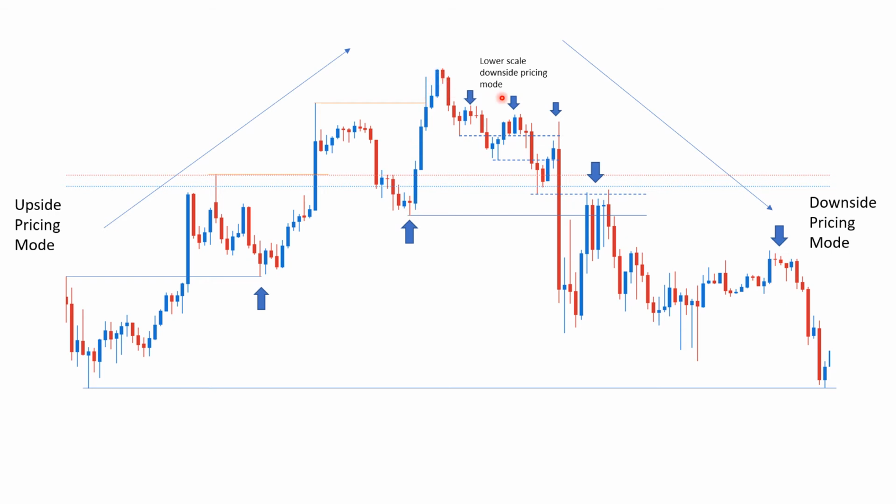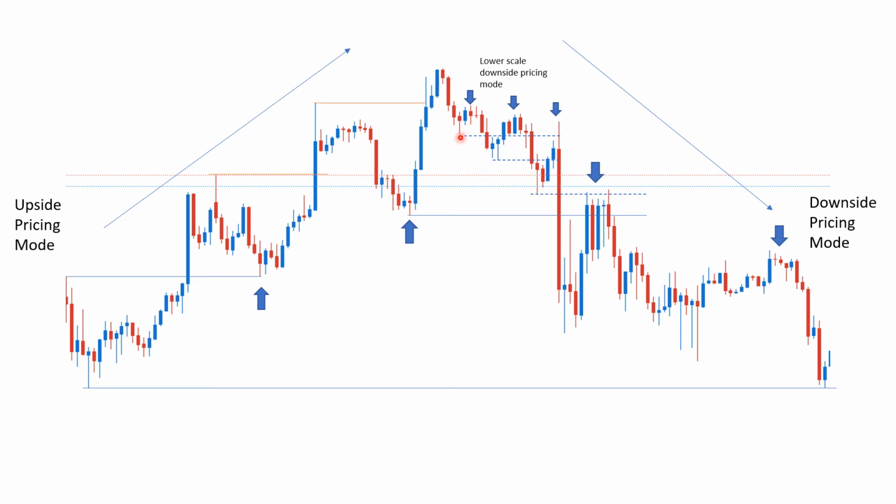Now, I want to bring your attention to this area right over here, where the dotted lines are. You'll start to see what we call a lower scale downside pricing mode. Why is this a lower scale downside pricing mode, and how can I tell? Well, first of all, we know it's a downside pricing mode because what do we have?